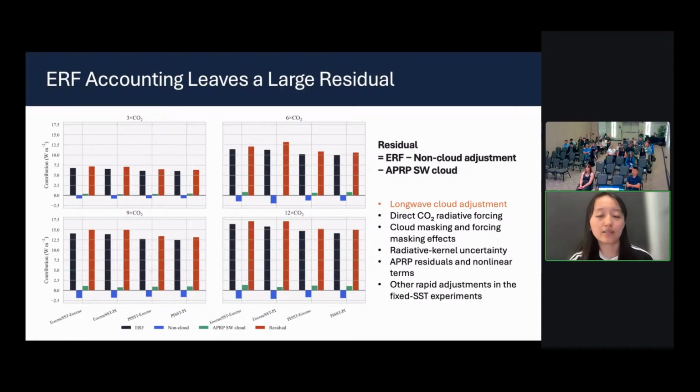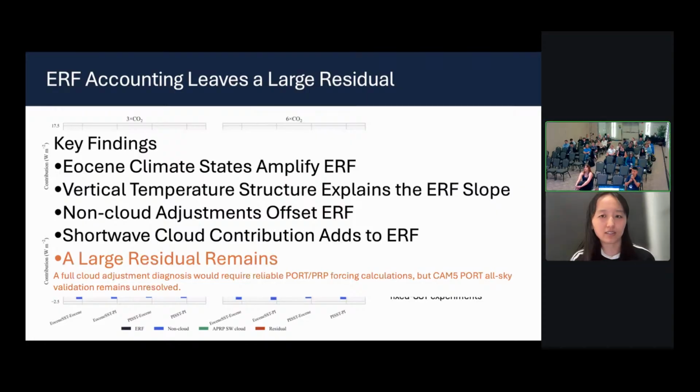The residual probably includes several things, but the longwave cloud part is likely a key one. So it is important for us to fix the forcing issue and get the kernel-based cloud adjustment, especially the longwave cloud result.